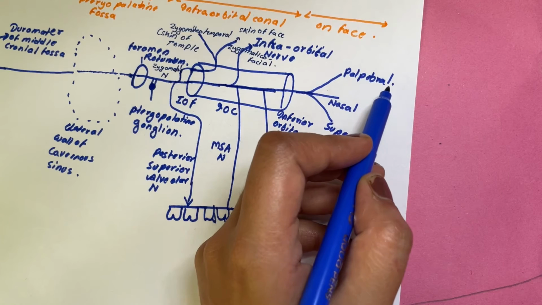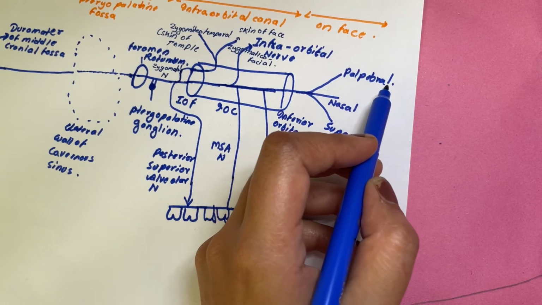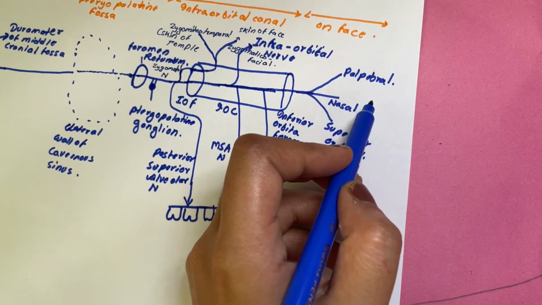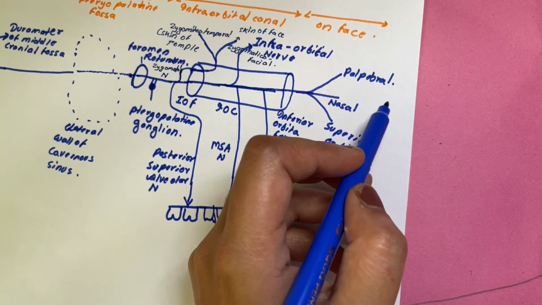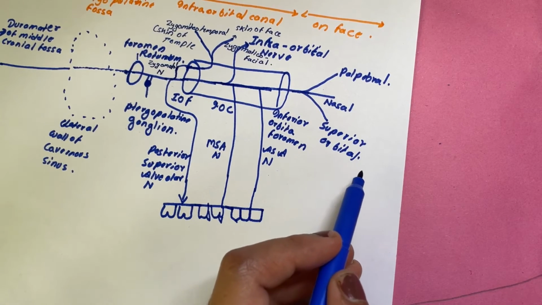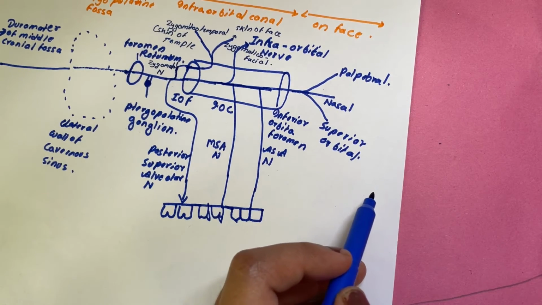The palpebral supplies the skin of the lower eyelid, while the nasal supplies the side of the nose and the mobile part of the nasal septum, while the superior labial supplies the skin and mucous membrane of the upper lip.